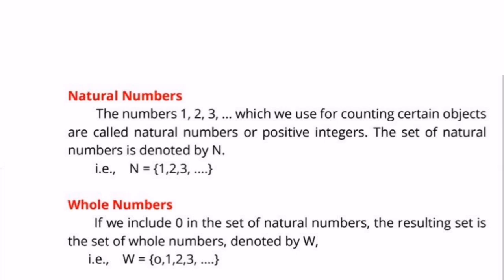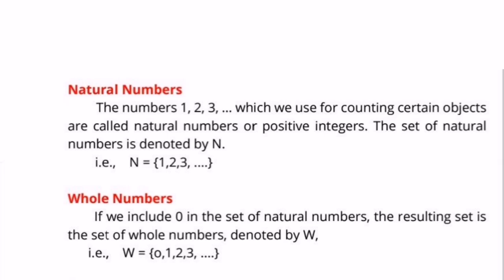Natural number is denoted by N. The numbers 1, 2, 3, which we use for counting certain objects, are called natural numbers or positive integers. Both names, positive integer and natural numbers, are used for counting numbers.